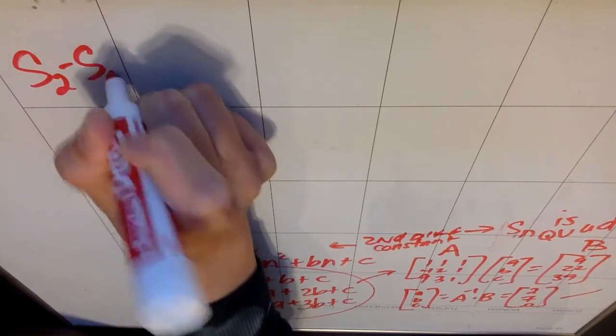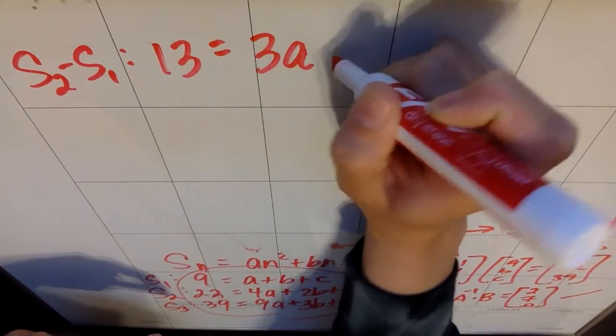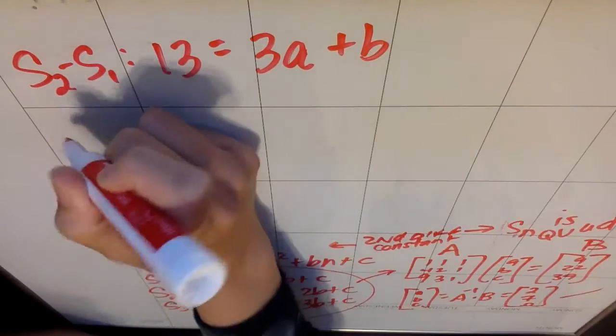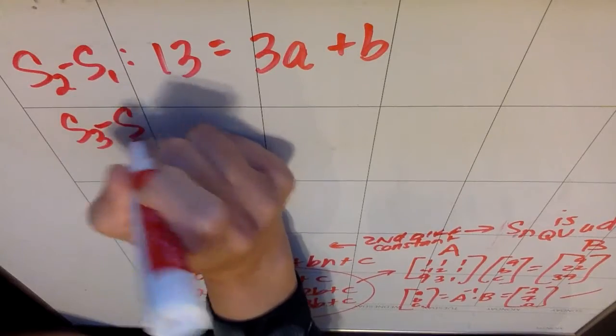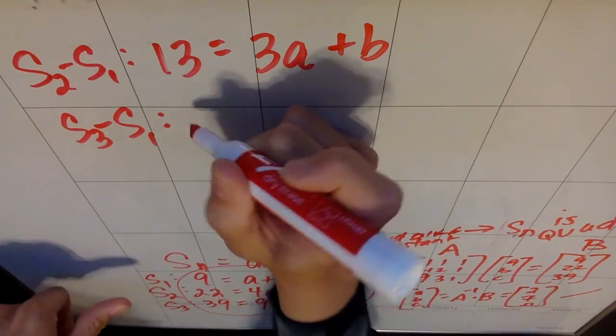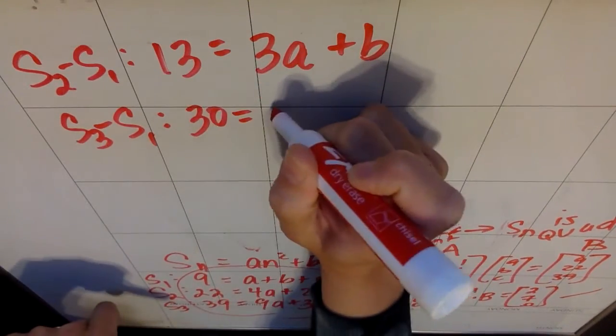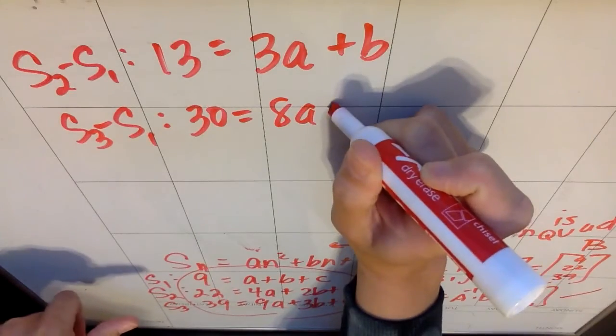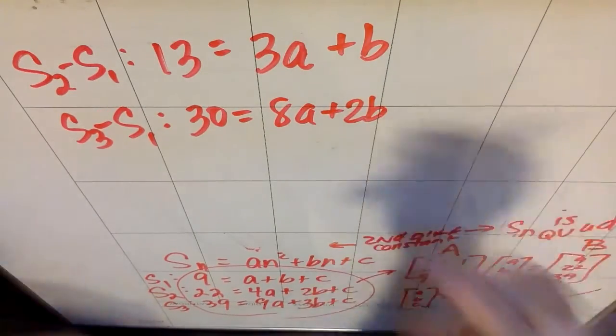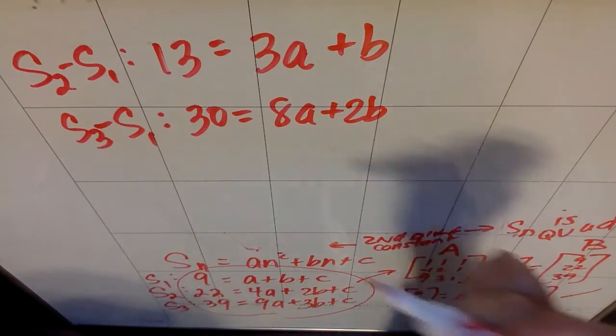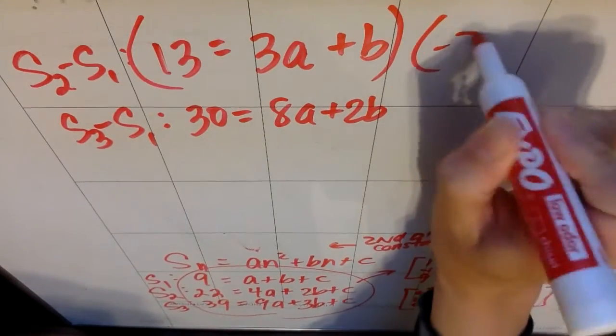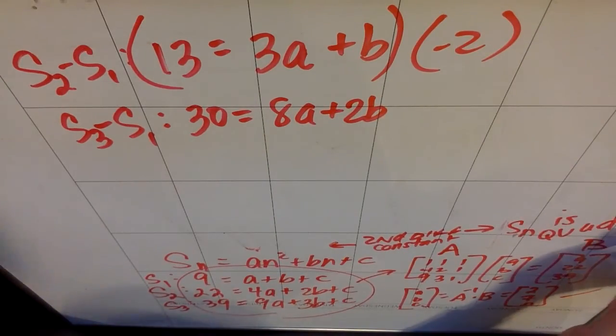So if I take S2 minus S1, I'm going to get an equation that looks like this: 22 minus 9, which is 13, equals 3A plus B, no C. If I do S3 minus S1, I'm going to get 39 minus 9, which is 30, equals 8A plus 2B, no C. I then proceed to do elimination by essentially timesing the entire top equation by negative 2.